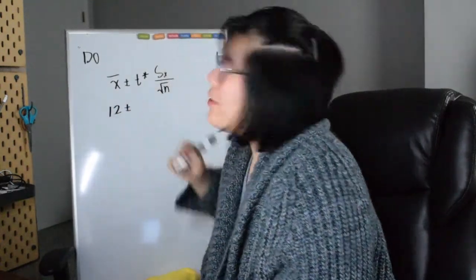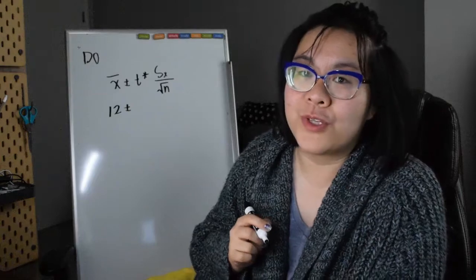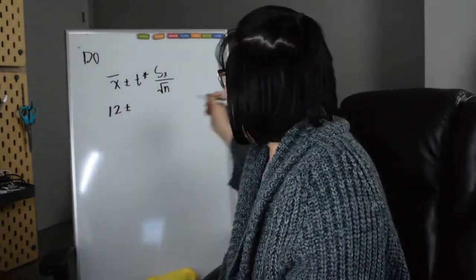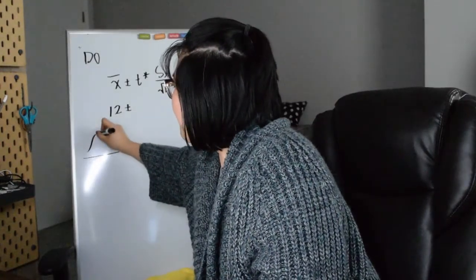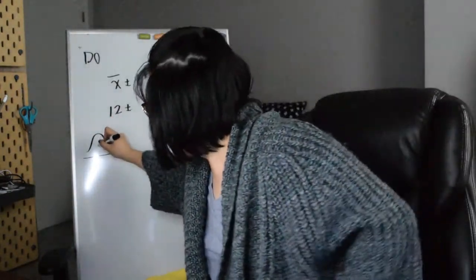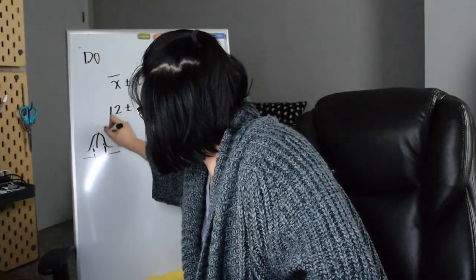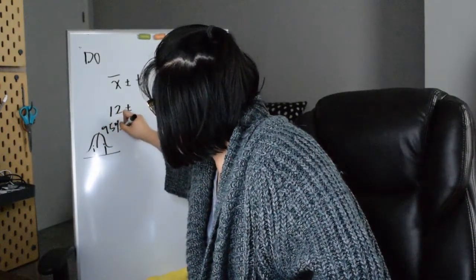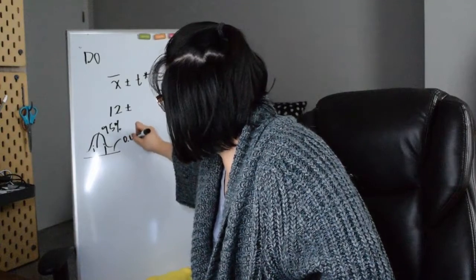And then the critical value T, again, according to what we did yesterday, since it is a 95% confidence interval, your inside will be 95%, and each side will be 0.025.